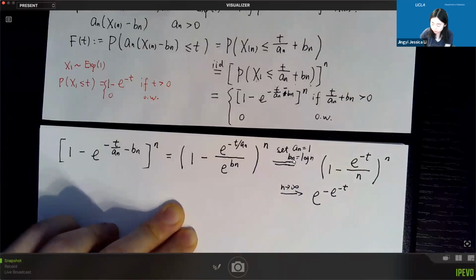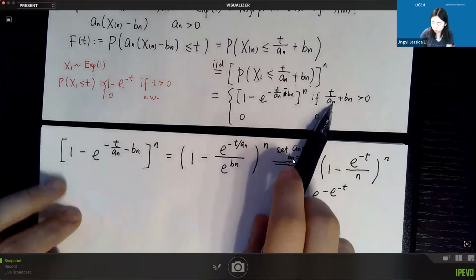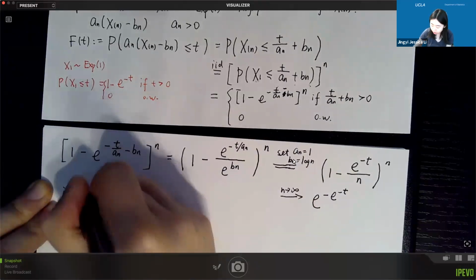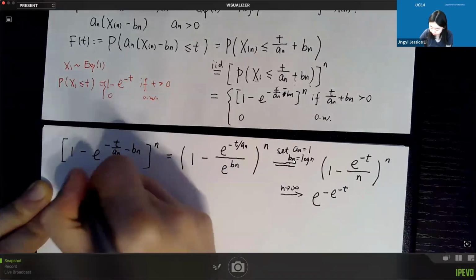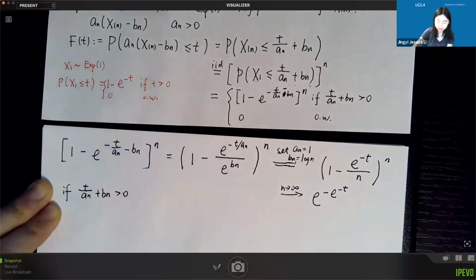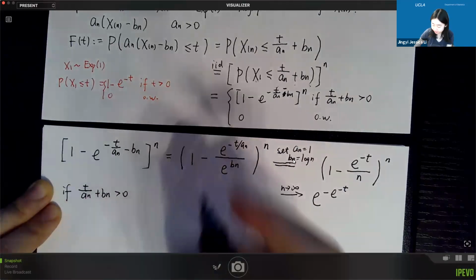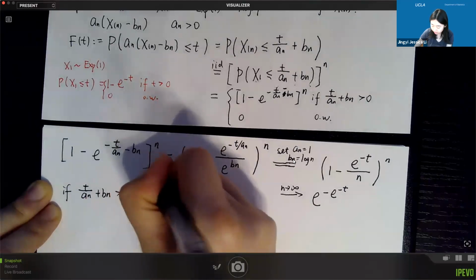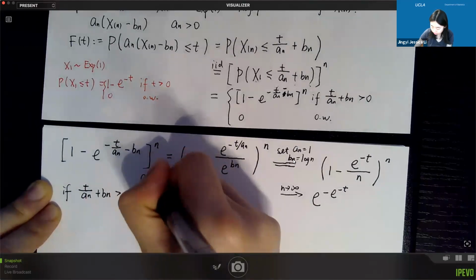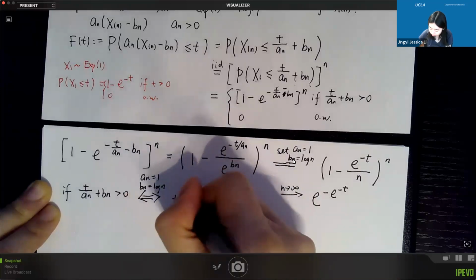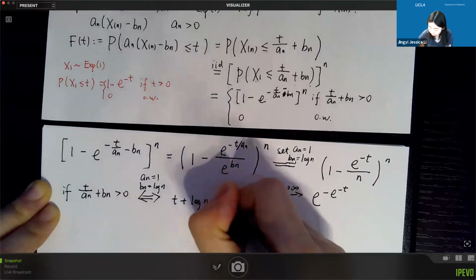And now let's revisit the condition. So we require t over an plus bn to be positive, right? And now with an equal to 1, and bn equal to log n, this becomes t plus log n to be positive.